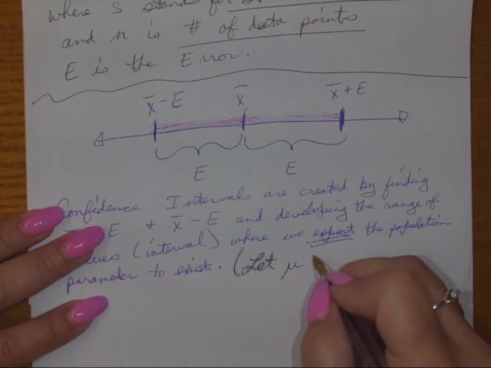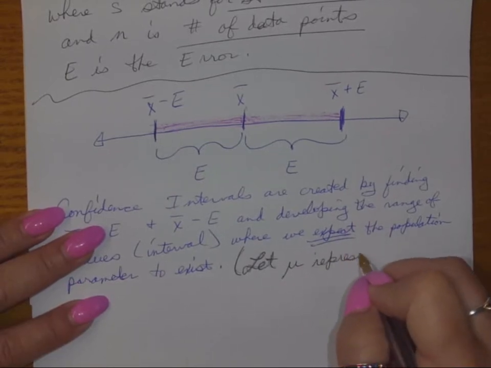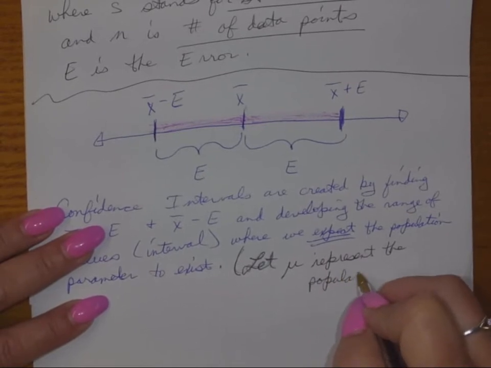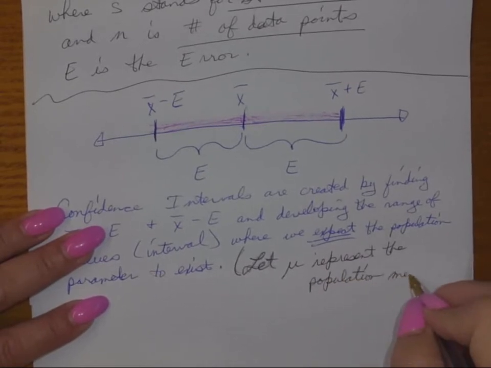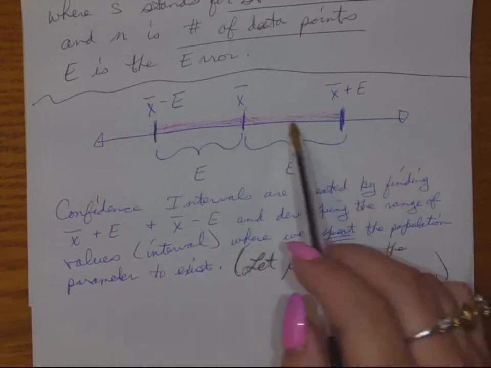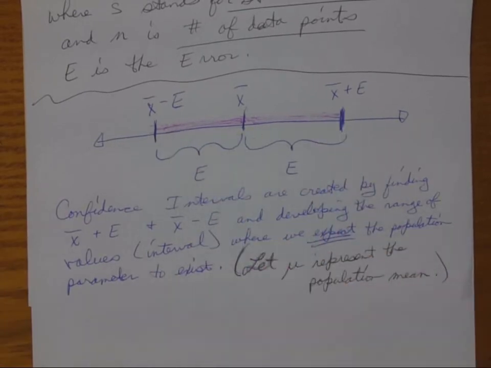Let mu represent the population mean. Okay, so what we're saying is that the population mean is somewhere in this interval, we hope, if we've done all of our math right, and we're going to represent that with the letter mu. Okay, it's a Greek letter. Okay, so here's what happens.